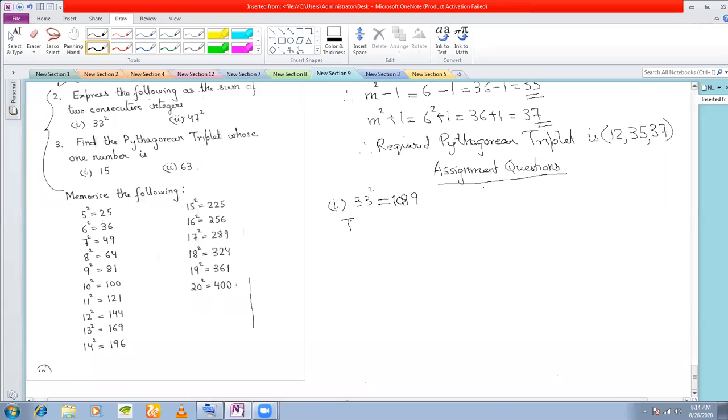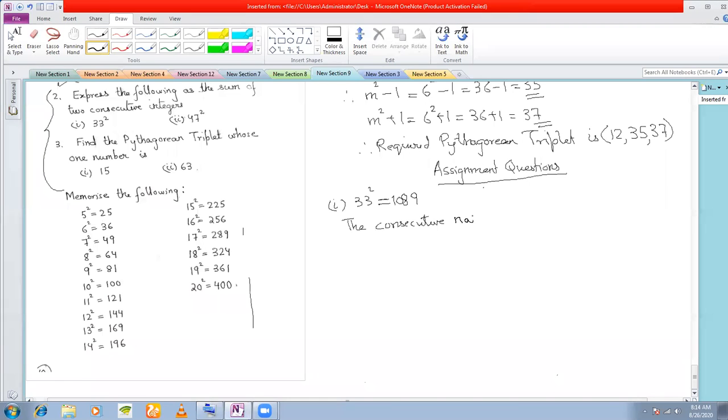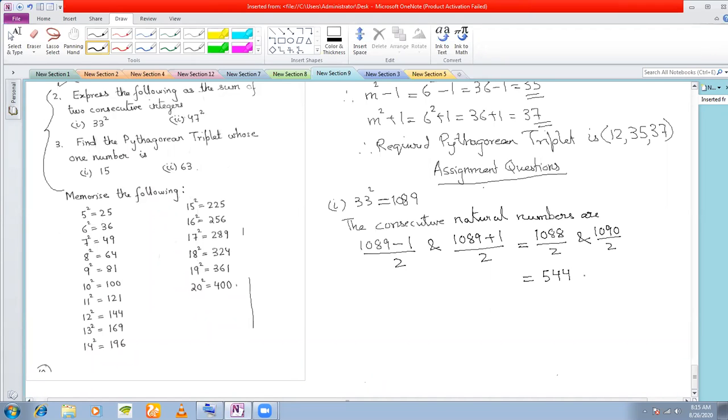So what are the numbers? The consecutive natural numbers are 1089 minus 1 divided by 2 and 1089 plus 1 divided by 2, which is 1088 divided by 2 and 1090 divided by 2, which are 544 and 545.